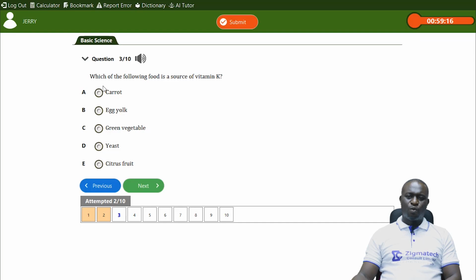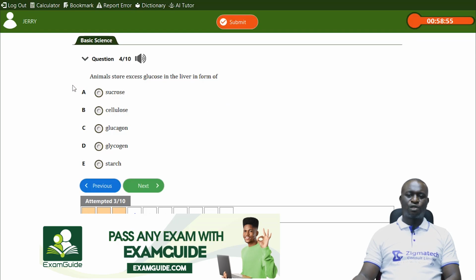And then number three, which of the following food is a source of vitamin K? And we have the green vegetables, all right? And then number four, animals store excess glucose in the liver in form of glycogen.